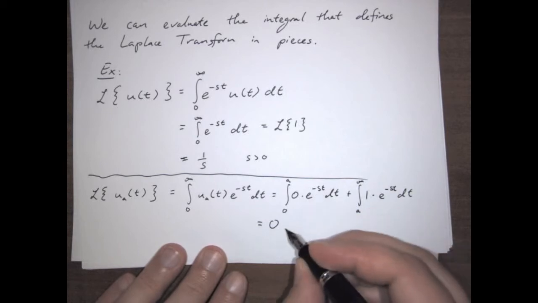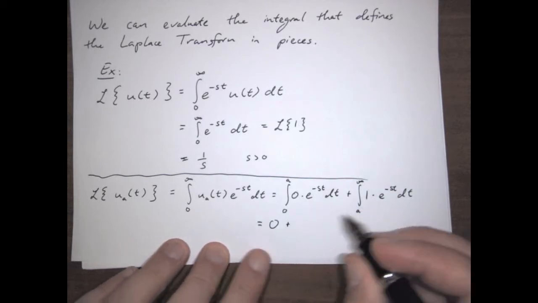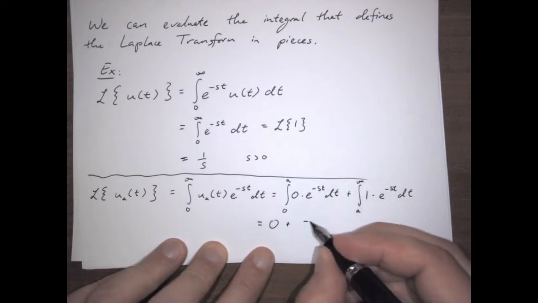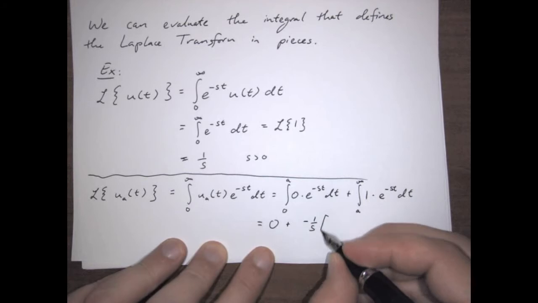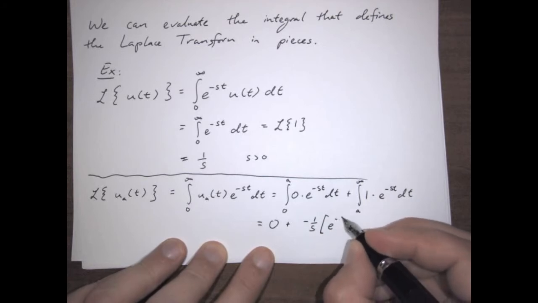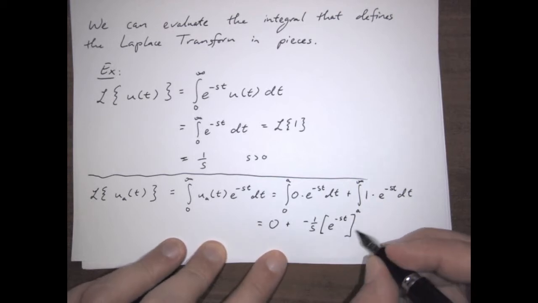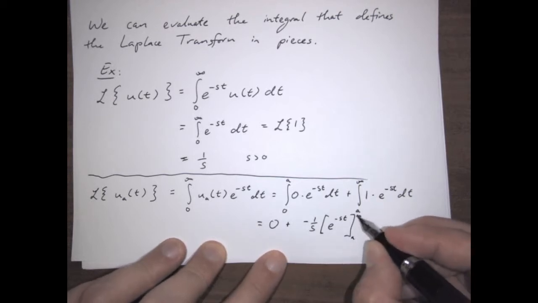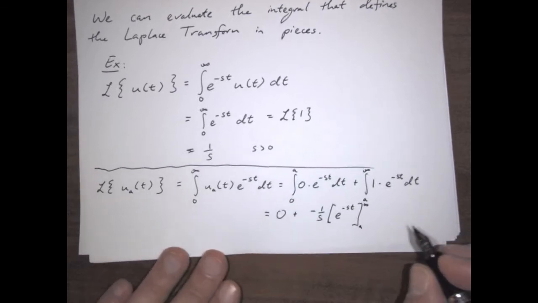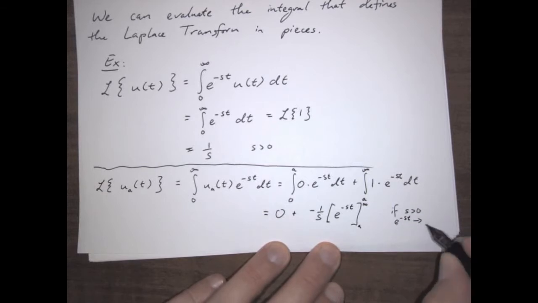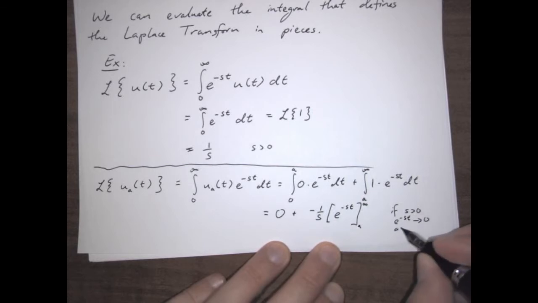And this is just going to equal 0. And this is just going to equal plus the integral from a to infinity of this. So this is going to be negative 1 over s times e to the negative st, plugging in on the one hand a, on the other hand infinity. And so if s is greater than 0, e to the negative st is going to go to 0 as t goes to infinity.